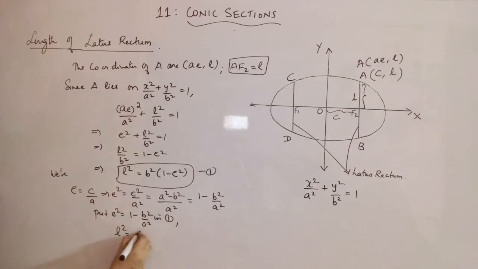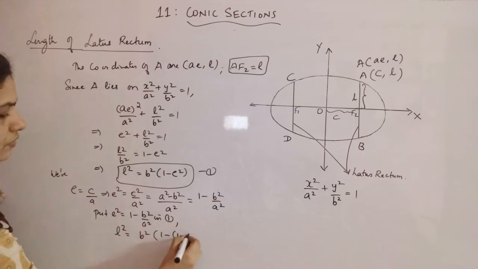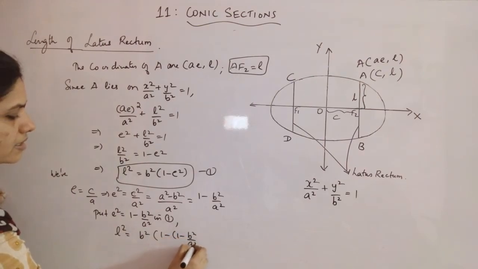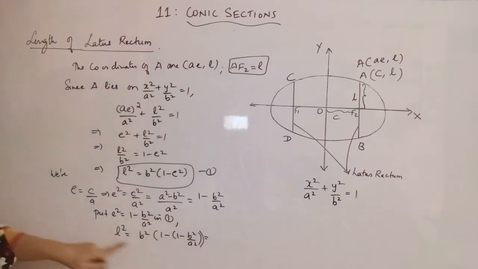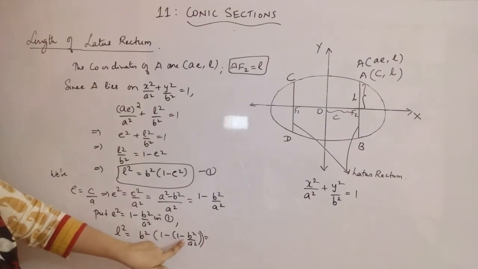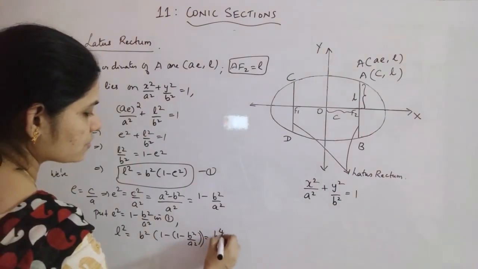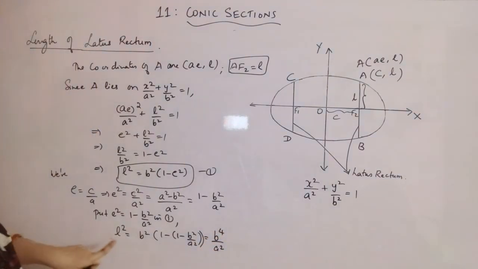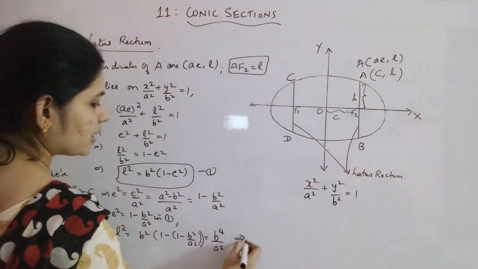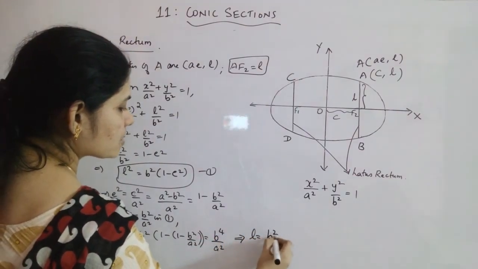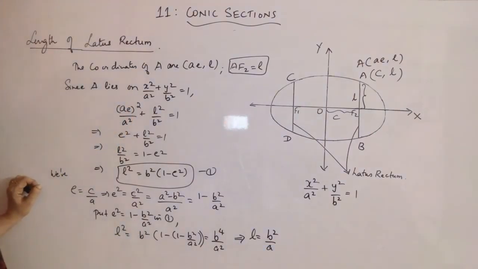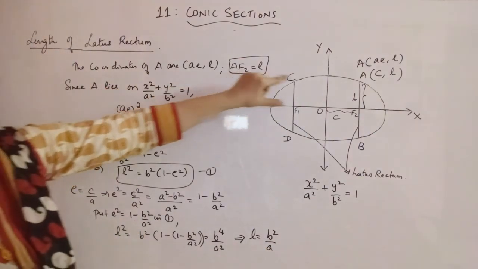L square is equal to b square into (1 minus (1 minus b square by a square)). Here the 1 cancels, leaving positive, so b square into b square by a square. So it is b raised to 4 by a square. So L square is b to the 4 by a square, which means L is equal to b square by a. And L is actually AF2.